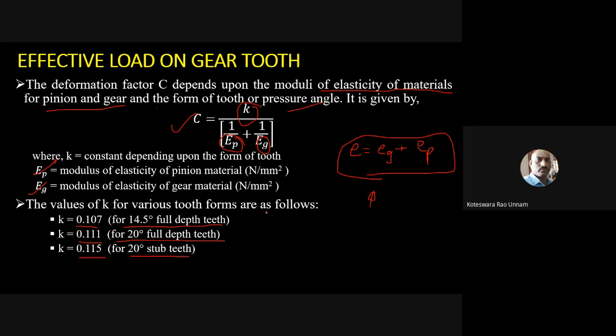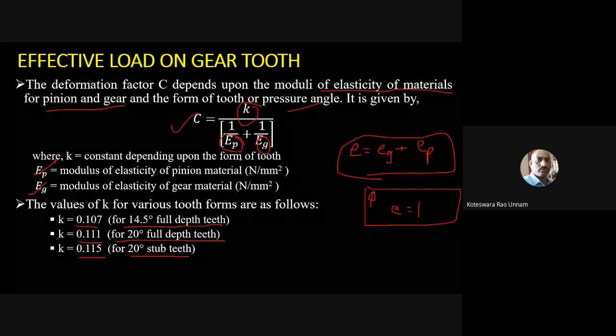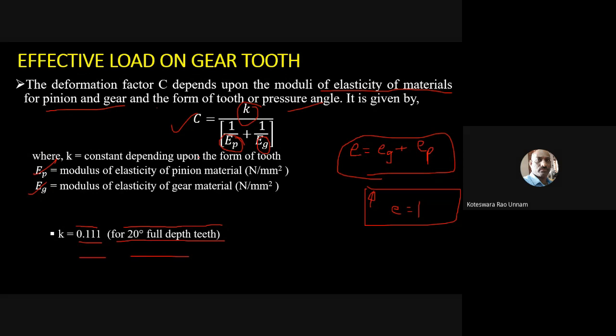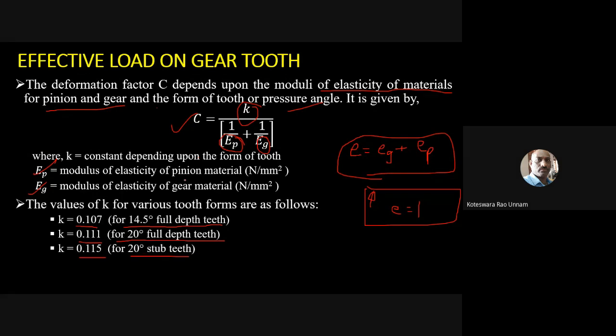Based on that, you can calculate this. Of course, if nothing is given, we generally consider E is equal to 1. If they mention the error, you consider it. Otherwise, we can ignore this one. That means by taking E is equal to 1 in that equation, we can find the dynamic load using the Buckingham equation.